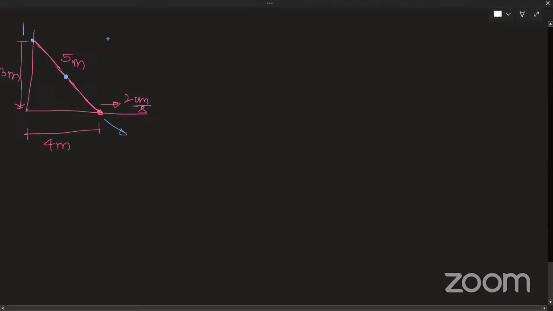Same way, if this thing is moving down at some value v, and I take this angle to be theta 1 and this angle to be theta 2, can I say v times cos of theta 2 should be equal to 2 centimeter per second into cos of theta 1? Do you agree with this?